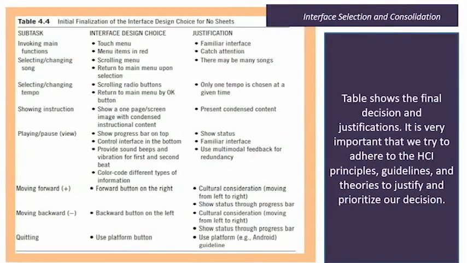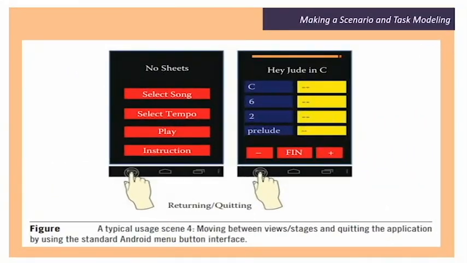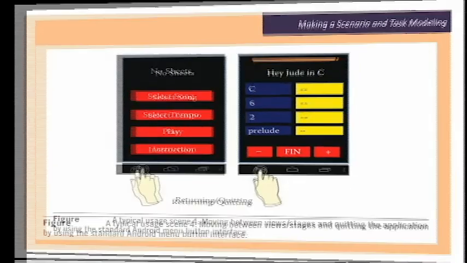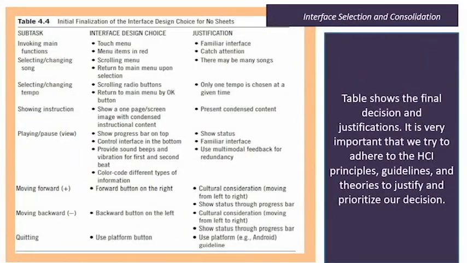So here, that's making a scenario and task modeling. You do the task modeling, the structure and sequence of tasks, then making a scenario, then the storyboard. And then after that, the fourth process, we have interface selection and consolidation.